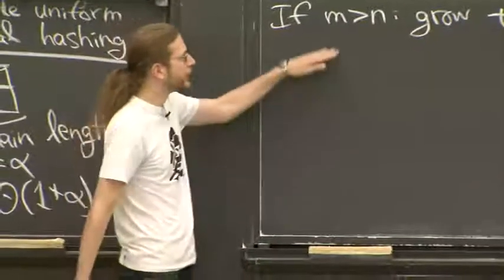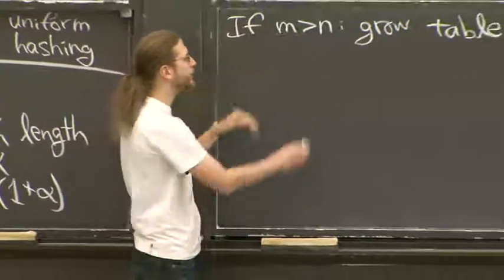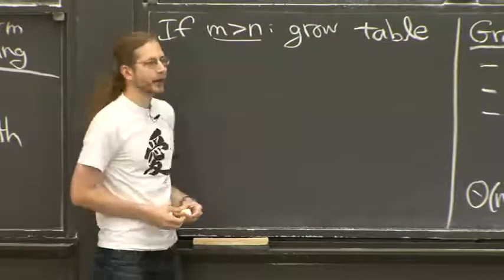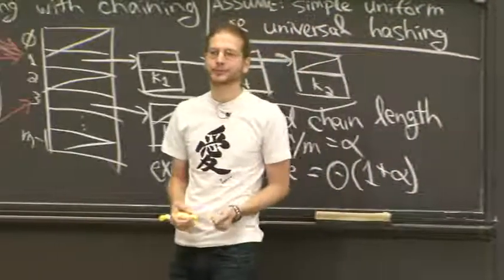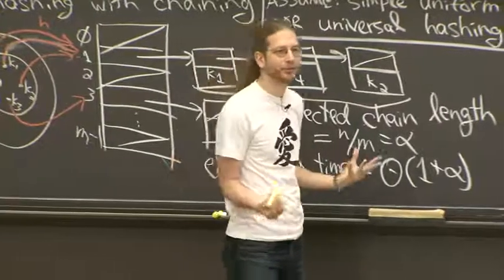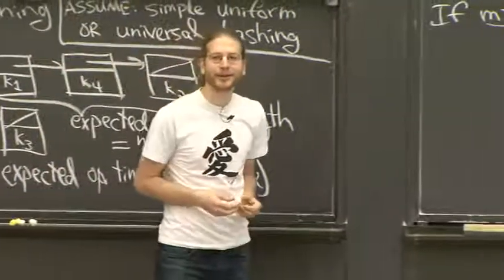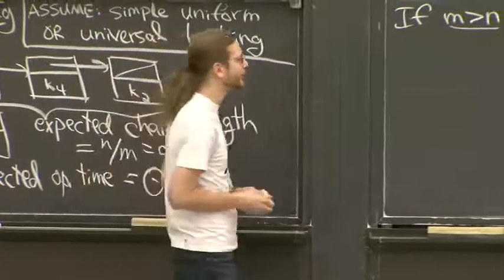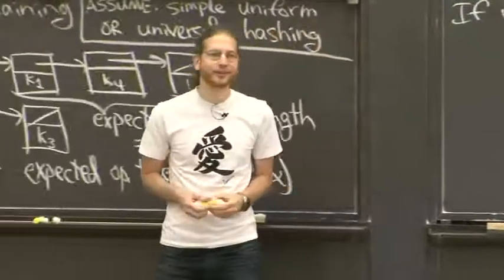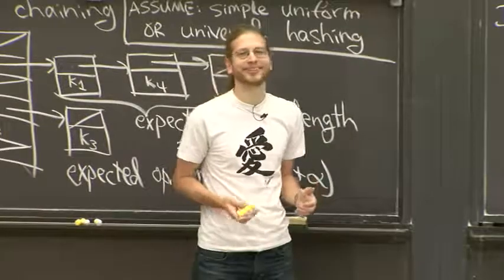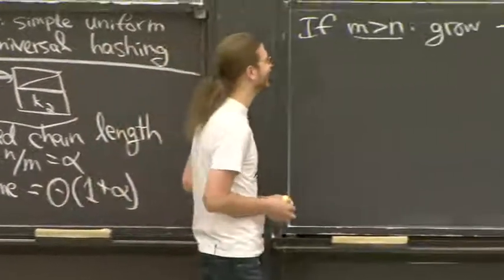So the question becomes, when we see that our table is too big, we need to make it bigger, but how much bigger? Suggestions? 2x. Twice m. Good suggestion. Any other suggestions? 3x? OK.